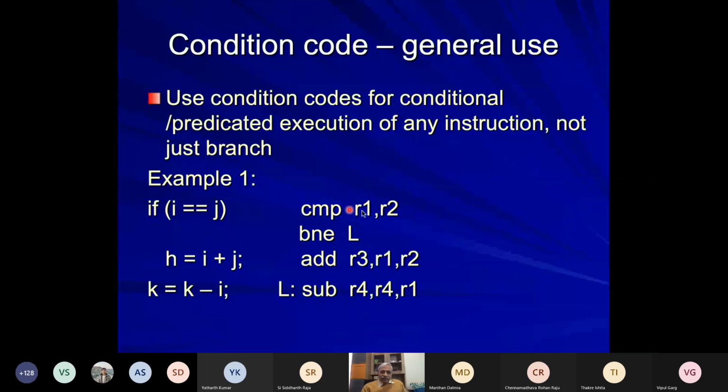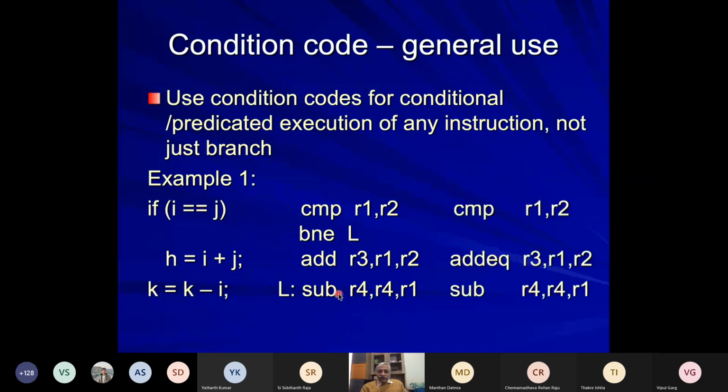So you compare R1, R2, assuming that R1 contains i and R2 contains j, and then you have a conditional branch instruction BNE, branch if not equal to L. That means you are trying to skip this addition. So h equal to i plus j is mapped to the instruction add R3, R1, R2, where R3 contains h, and then there is a subtract instruction.